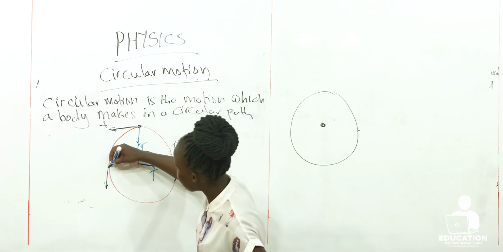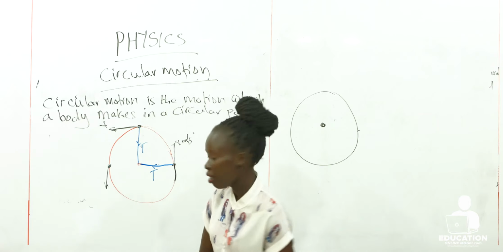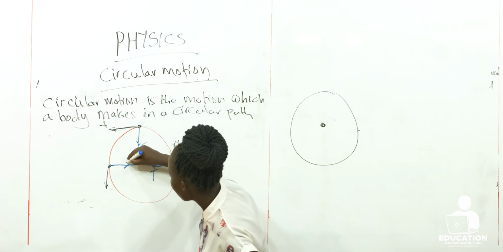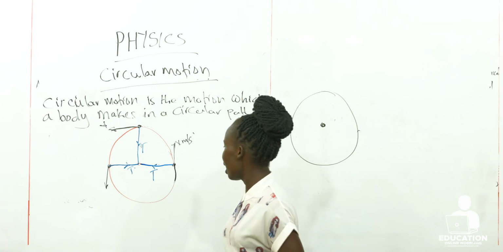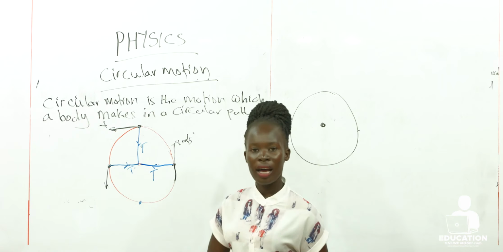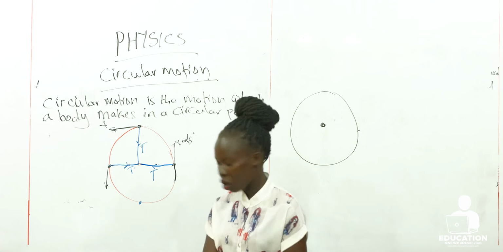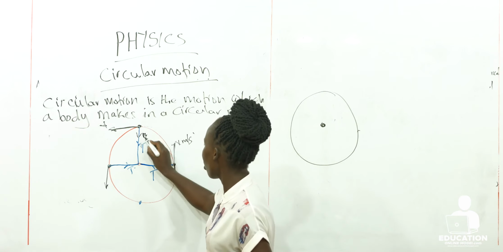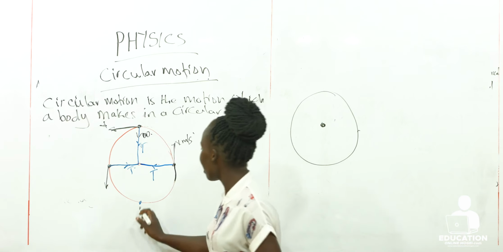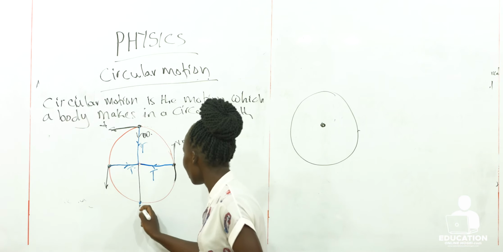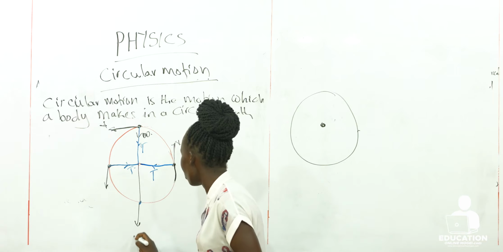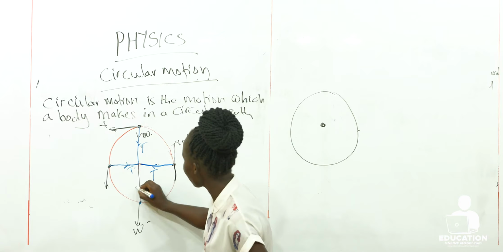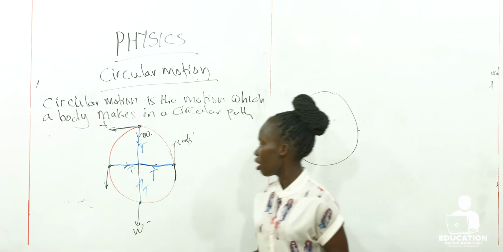And the tension keeps acting towards the center. When it reaches this point, it takes to the center there as our T. At this point, there is also the weight of this body acting on it, and the tensional force still towards the center, T.